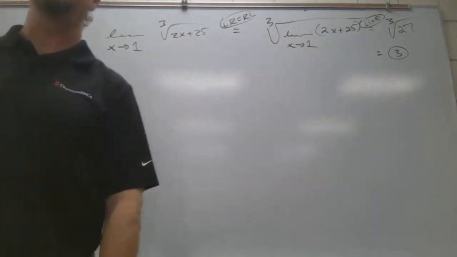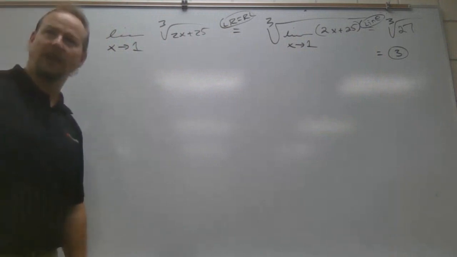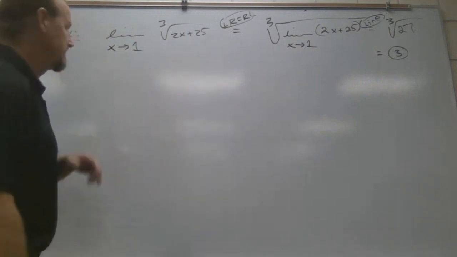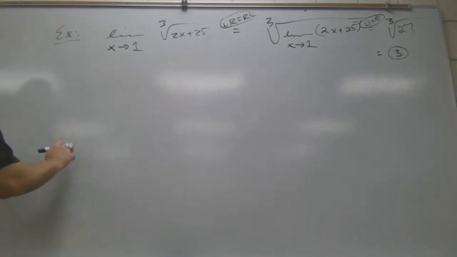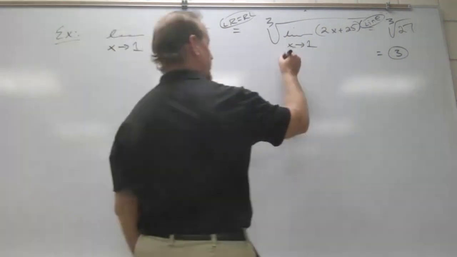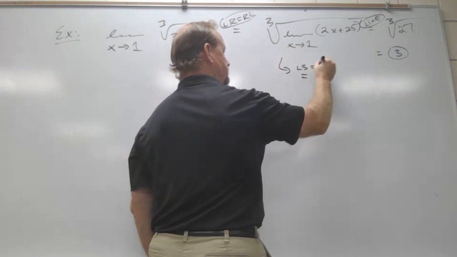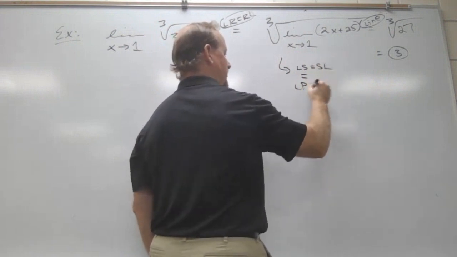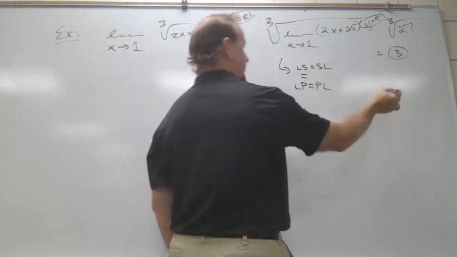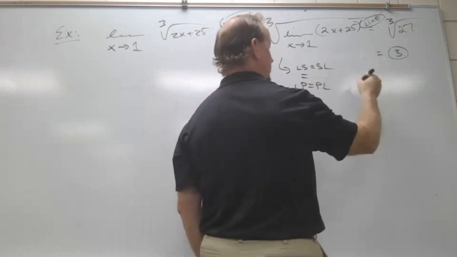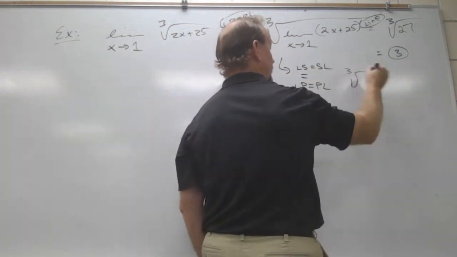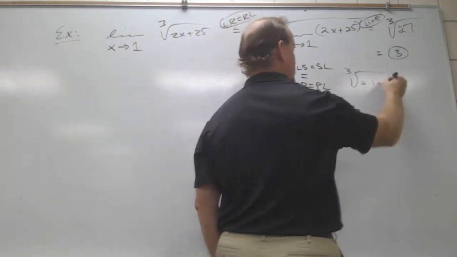But we're not there yet, so I want you to show steps along the way. Like I said, if you really wanted to, we could say the limit of the sum is the sum of the limits, the limit of the product is the product of the limits, and it'd be the cube root of 2 times 1 plus 25.